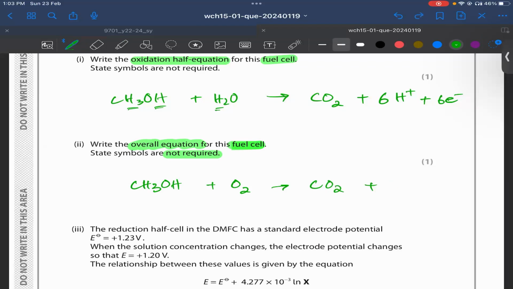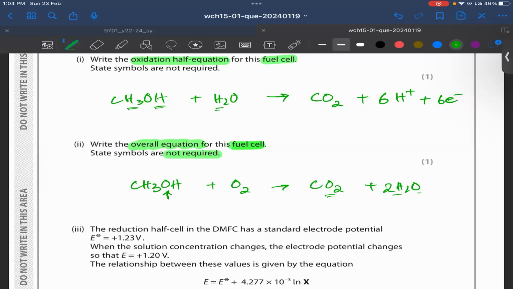This will be the combustion equation. So we'll balance the equation on both sides. We have 4 hydrogen atoms, so it would be 2 water, and oxygen, so that means this would be 3 upon 2.